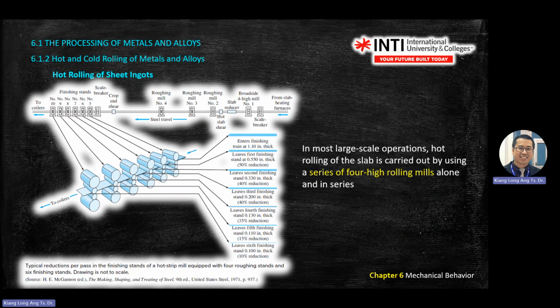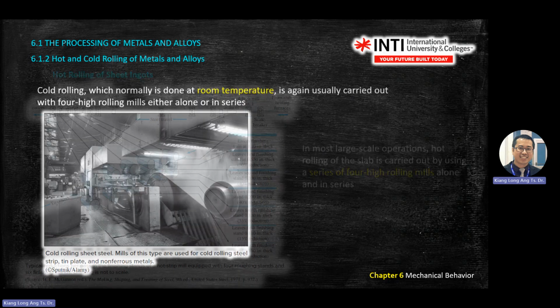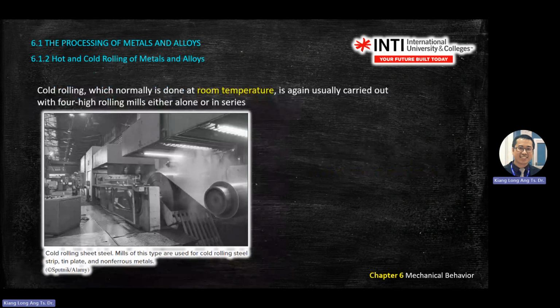They put in a lot of rollers, go in, become smaller and smaller, station 1, 2, 3, 4, and so on, then become cooler. These are the industrial setups with lots of rollers. Cold rolling is done at room temperature.